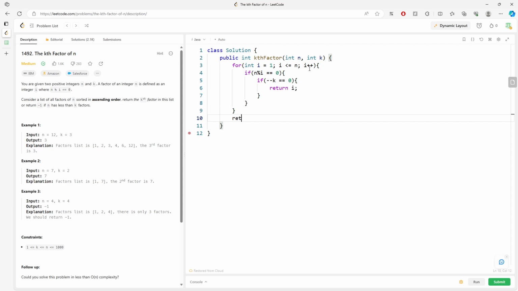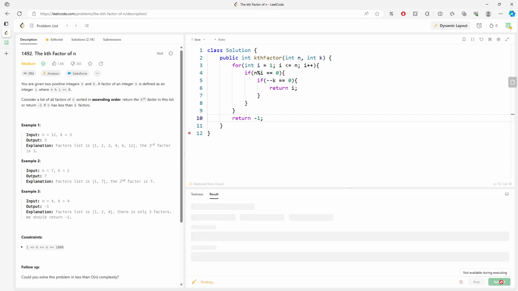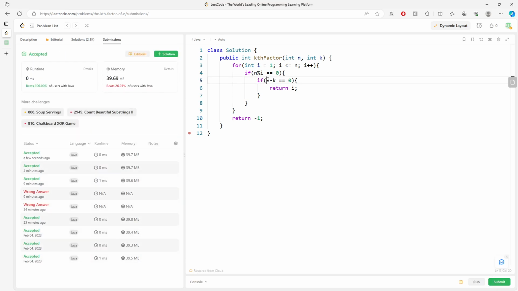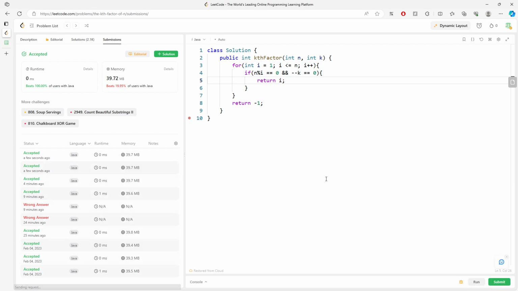Later on you return -1 because you cannot find it, right? And submit. So this is the first solution.